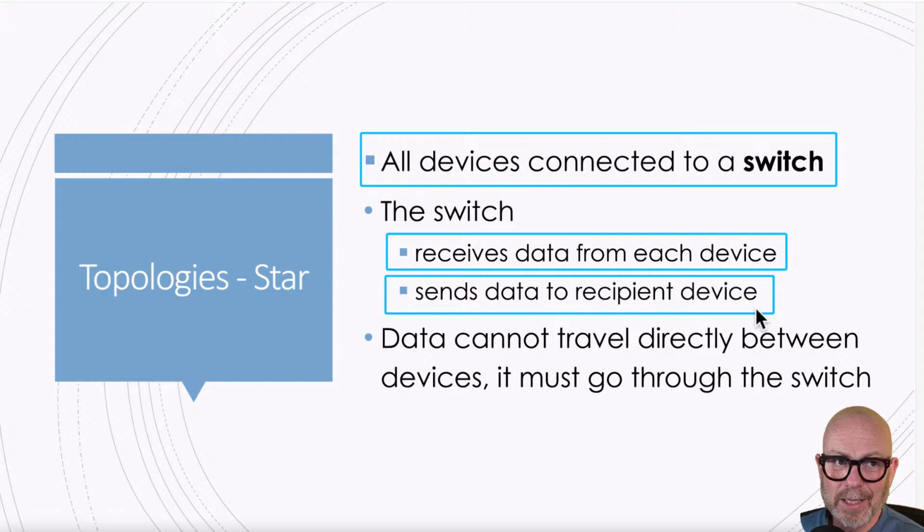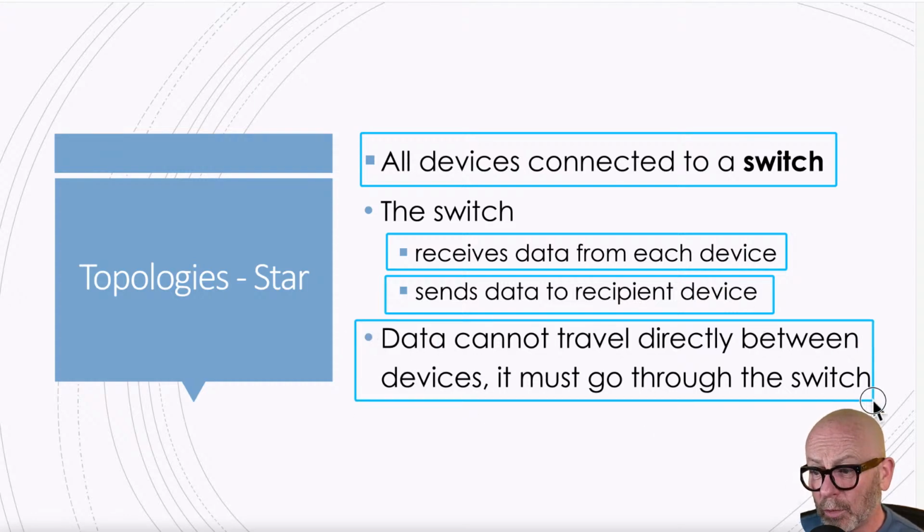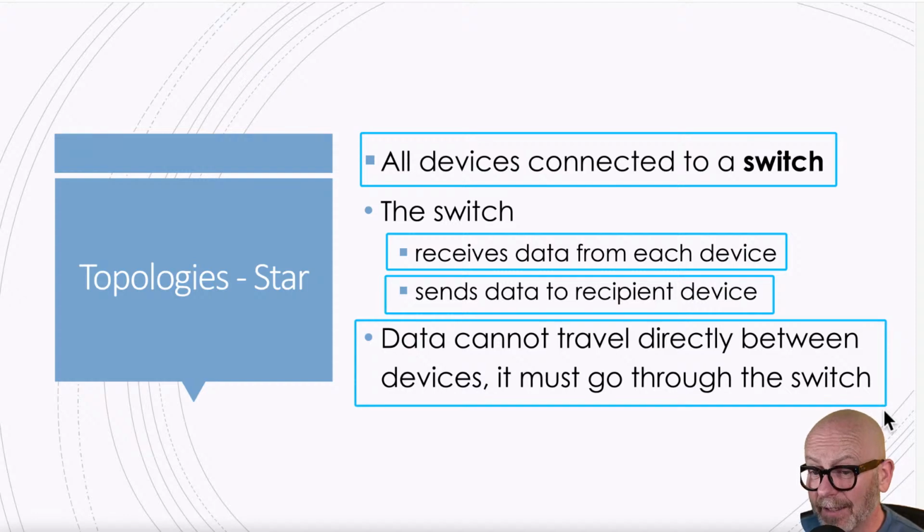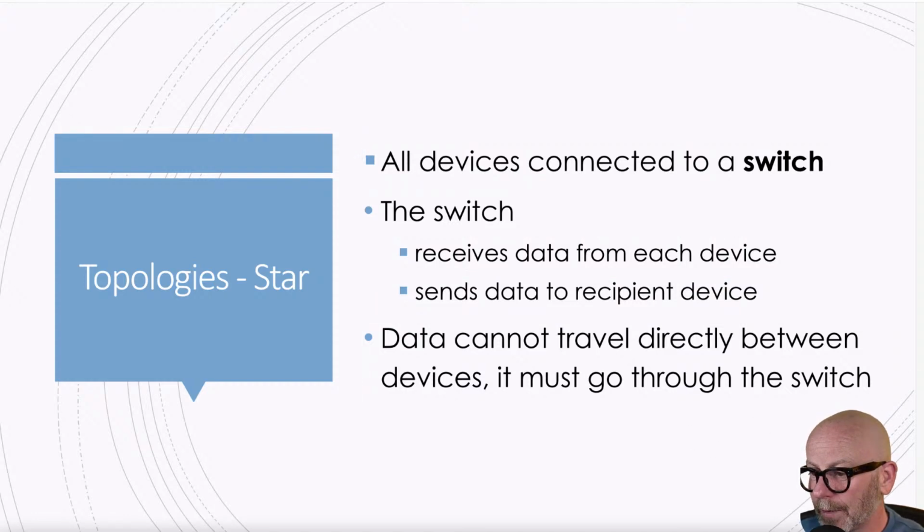So that switch is really a means by which data is able to be sent from the client to the server and from the server to the client. However, one of the facts is that data can't travel directly between devices. It has to go through the switch. So it's like the portal through which everything has to travel.